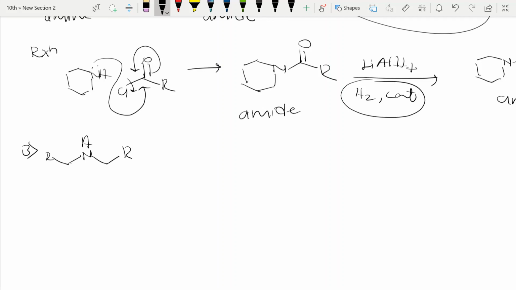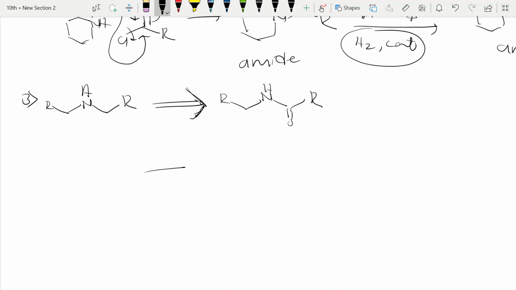CH2R. So initially while I was explaining retrosynthesis, this is my retrosynthesis arrow, I told I will convert this to amide, this amide COR. But here I am not going to convert. One more, let me convert this amine. This is amine, right? I have converted to amide in my above example.